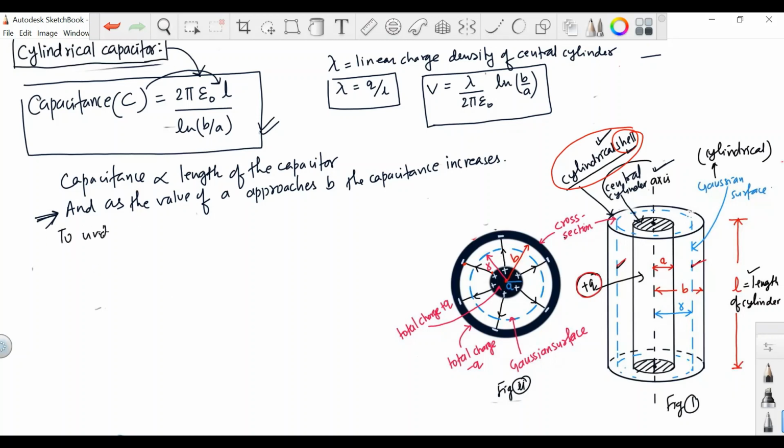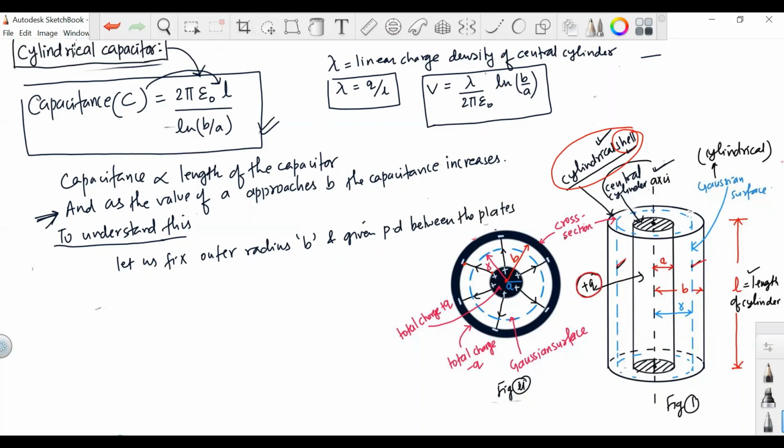So to understand this, let us fix outer radius B. So I'm calling it outer radius just to understand more easily. It is actually the inner radius of the cylindrical cell. Clear? And given potential difference between the plates. So this is the condition.